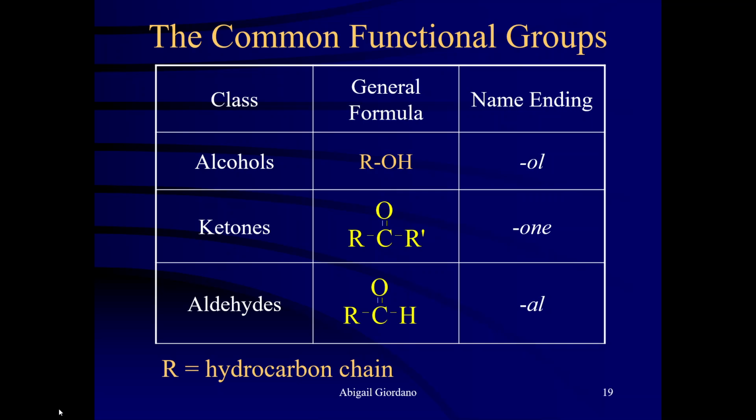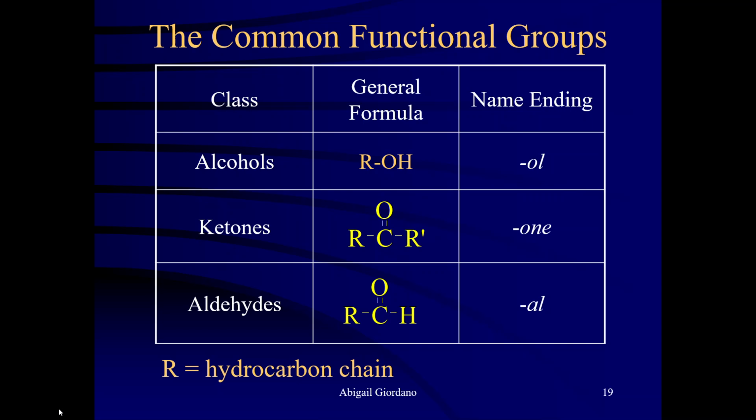Okay, so let's look at this first one. It's a class of molecules called alcohols, okay? And if you look at that general formula box, it's showing that an alcohol is defined as any kind of hydrocarbon chain that has an OH, a hydroxide group, joined on to it.